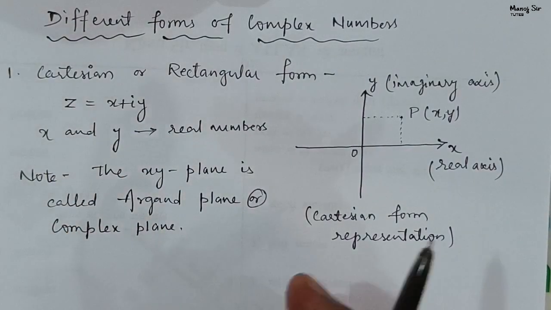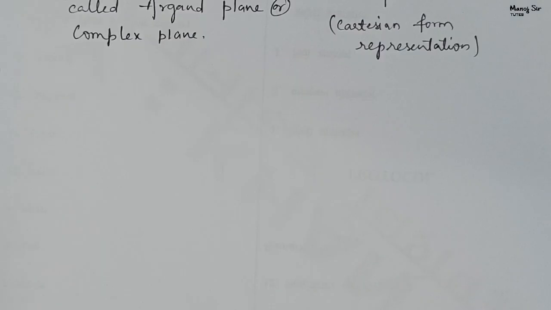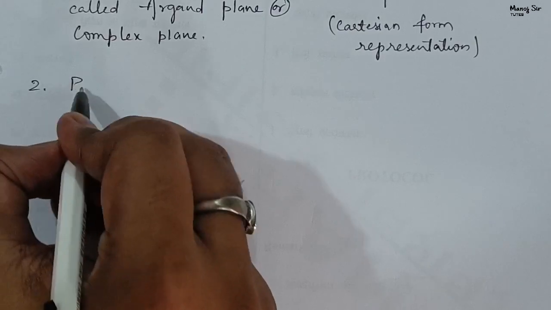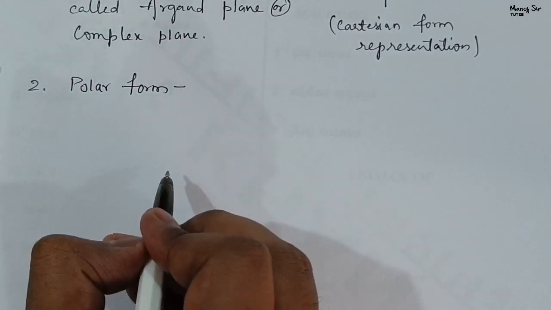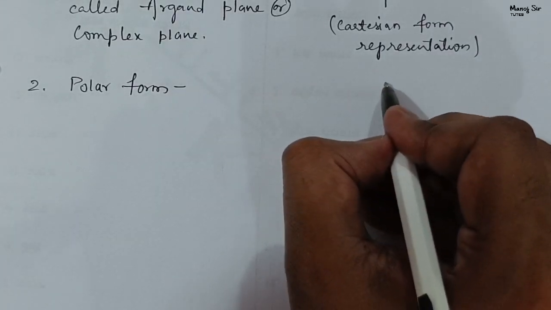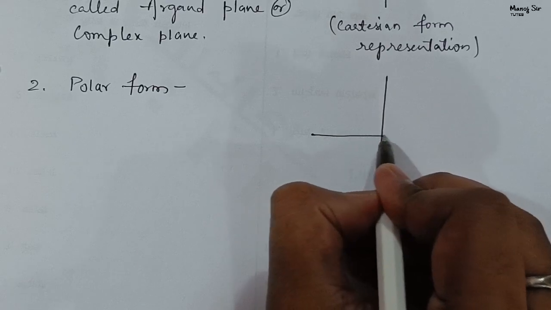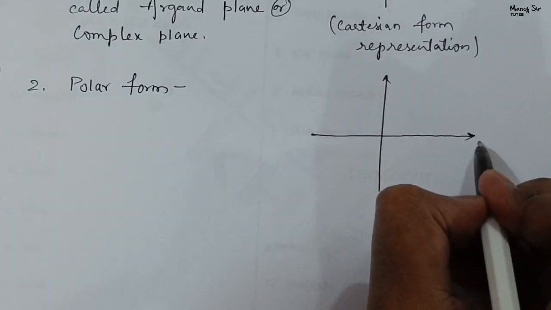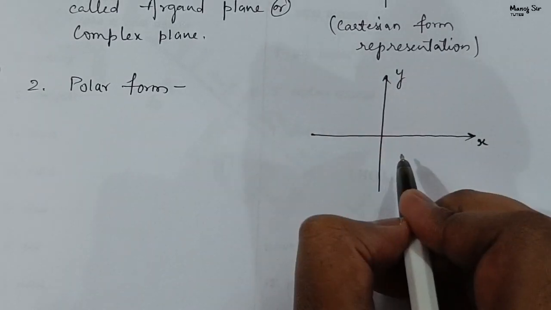Now we'll come to the second form of complex number, that is polar form. Number 2 is polar form. Let me draw the x and y axis again. This is the x-axis and this is the y-axis.